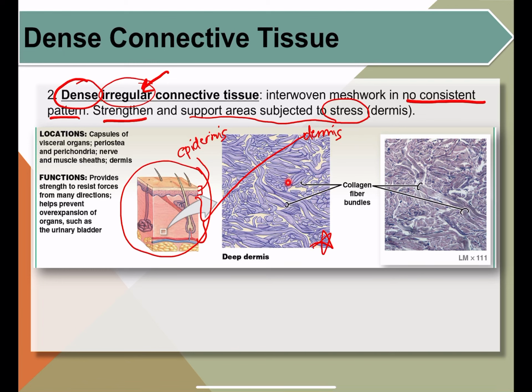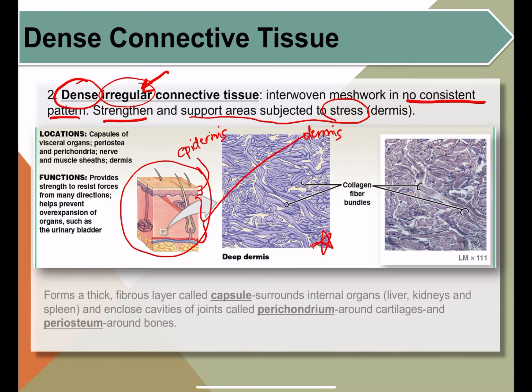You can tell what I mean by irregular. There are no nice parallel lines like what we saw with tendons and ligaments earlier, but there are just lines and stuff everywhere. That's how it looks on the microscope. It's just weird swirly lines here, long lines here. There's no set pattern, yet it's densely packed with lines of stuff. So that's dense irregular connective tissue.